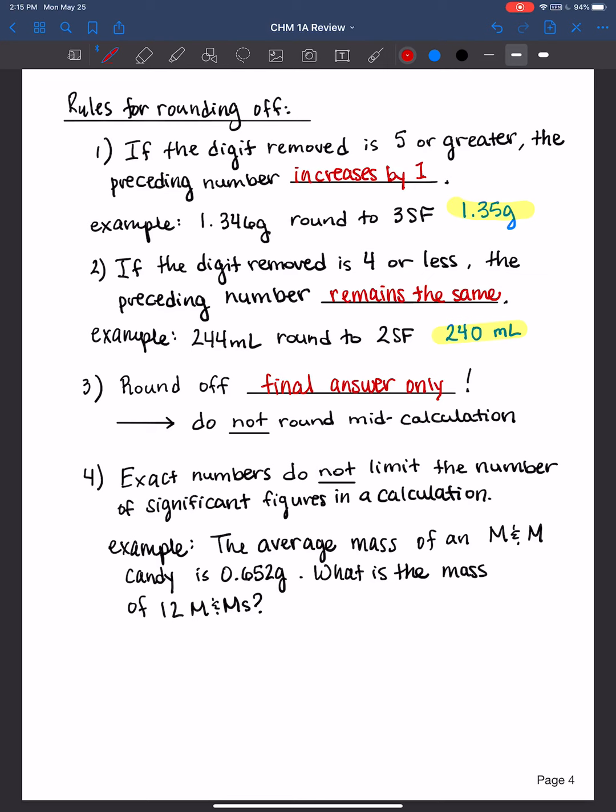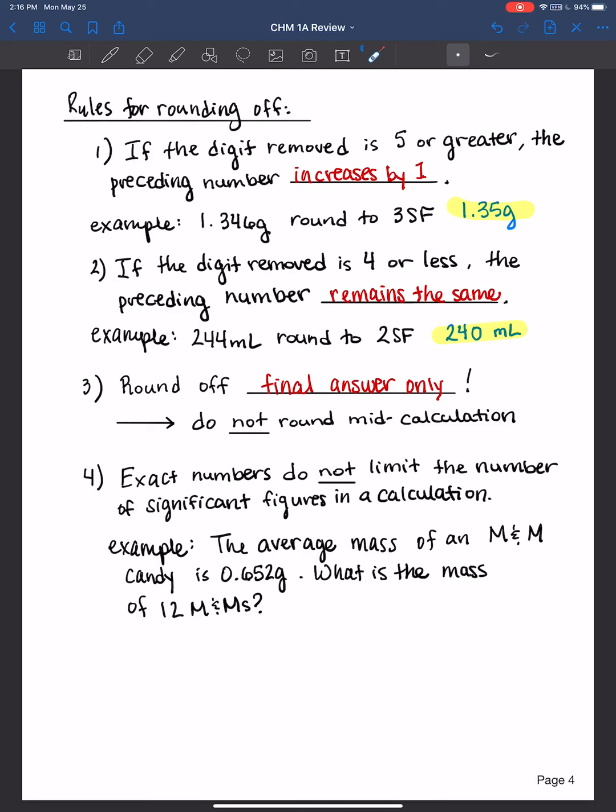And then finally, exact numbers do not limit the number of significant figures in a calculation. Now, what I mean by exact numbers here, we're talking about things that you would count. You don't use a measuring tool like a mass balance or a graduated cylinder. You're just simply counting the items.